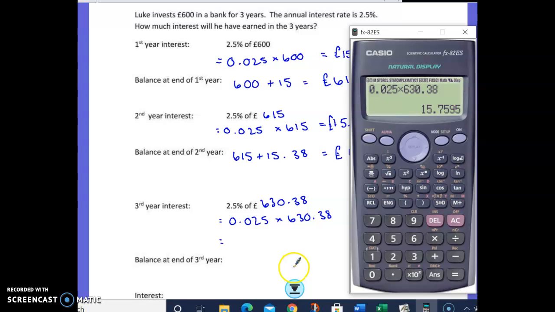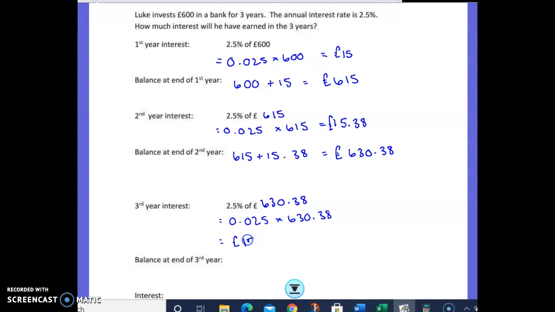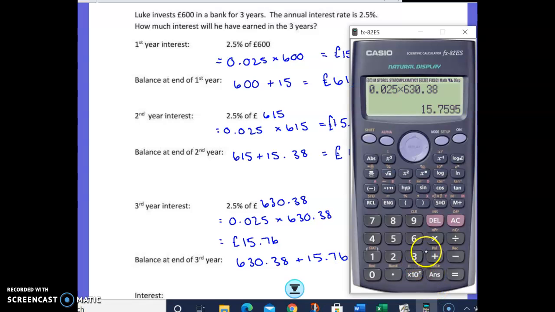Comes out as £15 and 76 pence. So the end of the third year, I've got my £630 and 38 pence, and I get an extra £15 and 76 pence in interest.